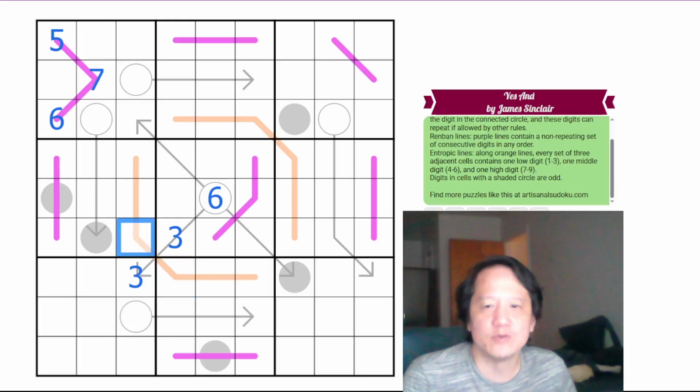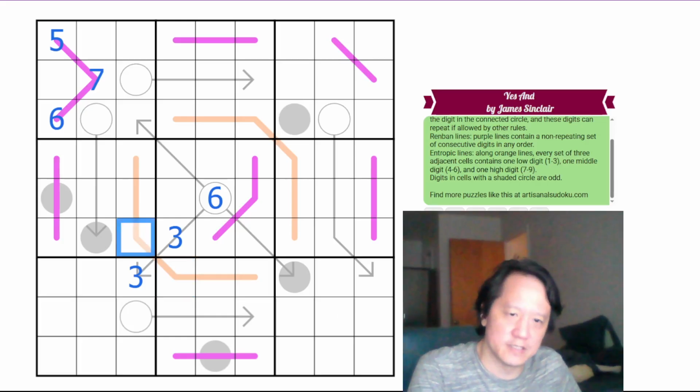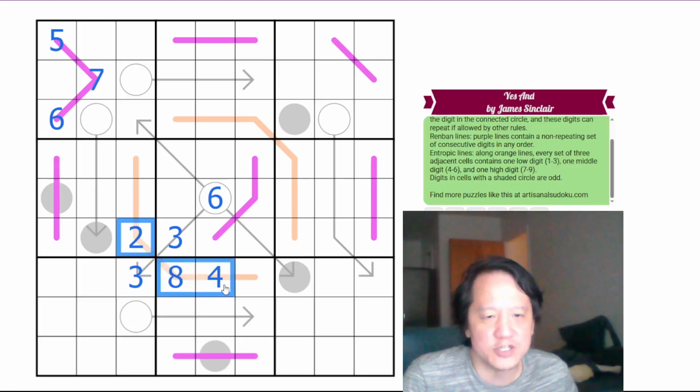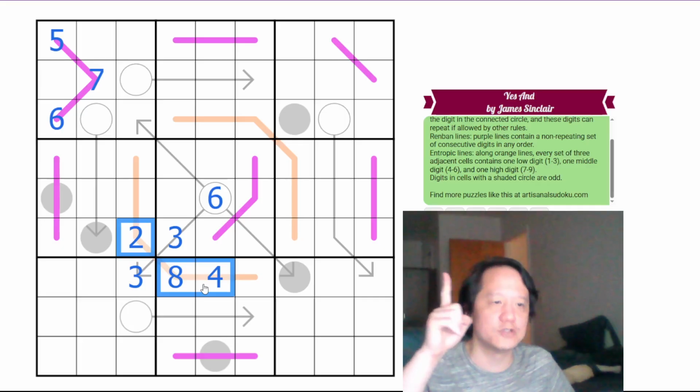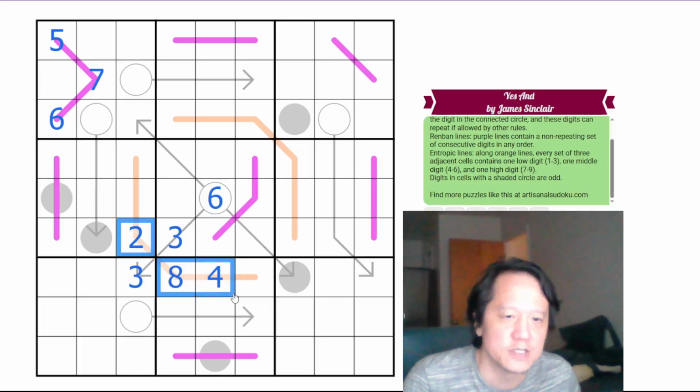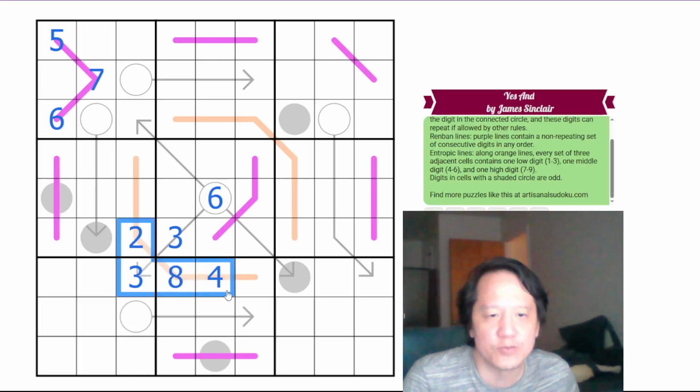For example, we could have 2, 8, and 4 here. And this would be valid for this set of 3 adjacent digits on the entropic line, because we have one low digit, 2, one middle digit, which is 4, and one high digit, which would be the 8. That's an example of how entropic lines work.